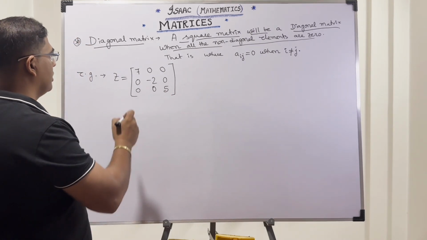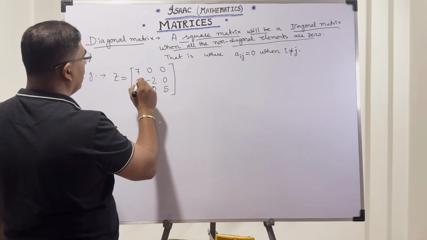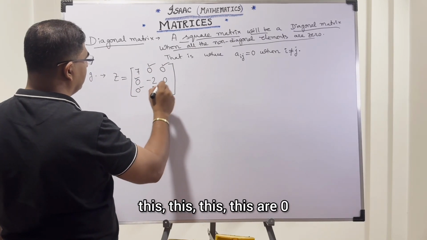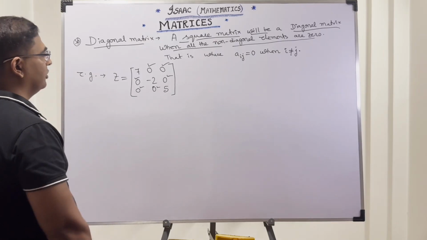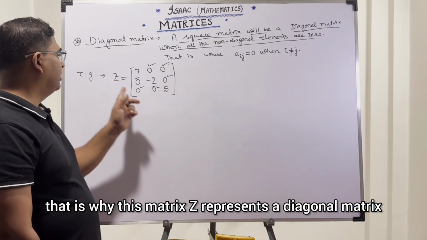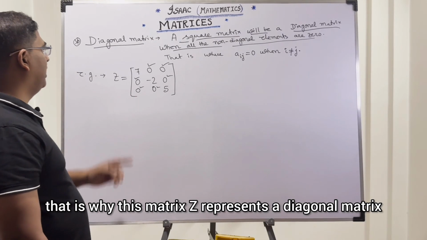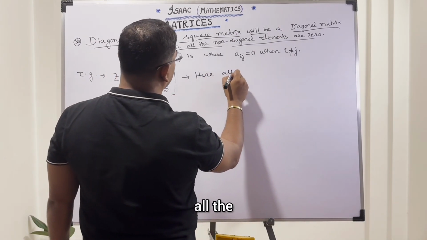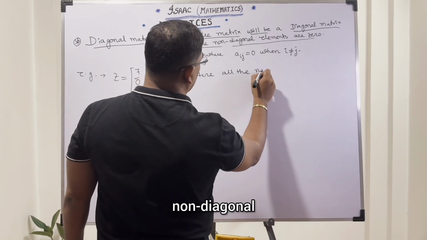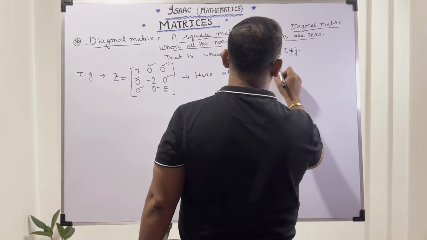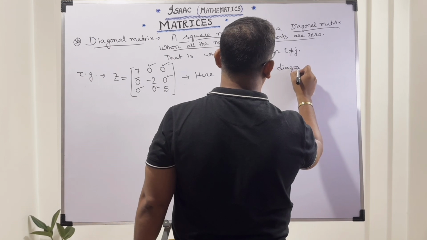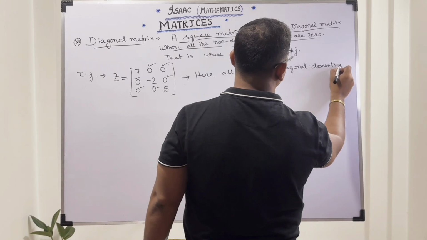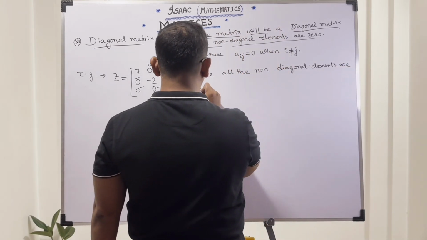So here all the non-diagonal elements, these, these, these, these, these are 0. That is why this matrix Z represents a diagonal matrix. Here all the non-diagonal elements are 0.